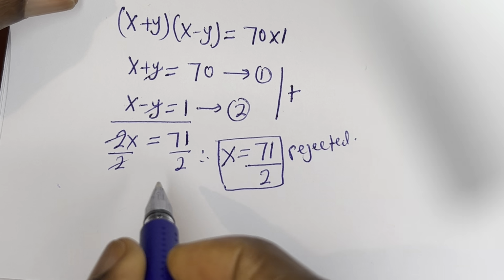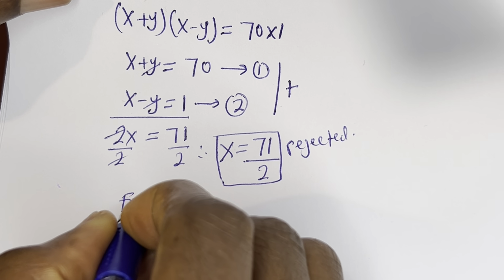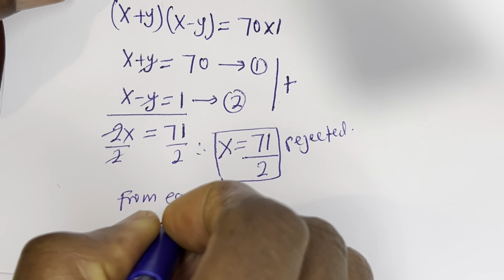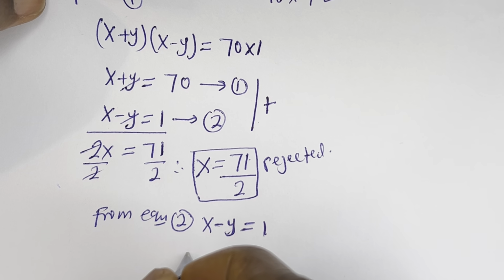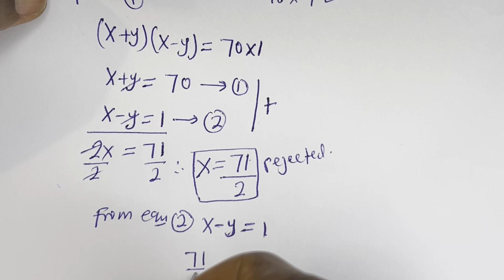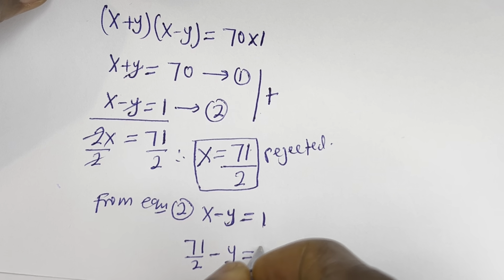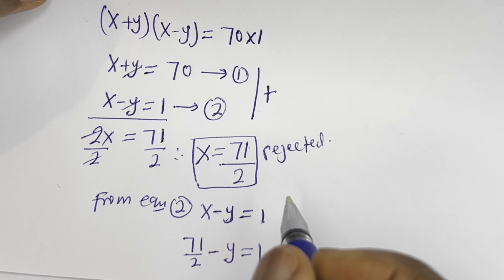Now we've gotten the value of x. Let's solve for y from equation 2. From equation 2, x minus y is equal to 1. Then when x is 71 over 2, we have 71 over 2 minus y is equal to 1. Let's multiply all through by 2.